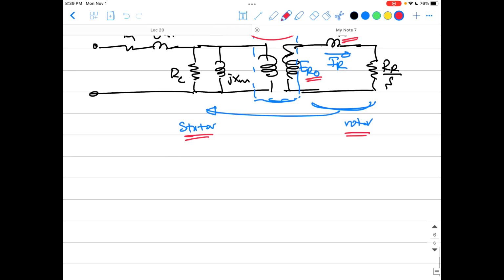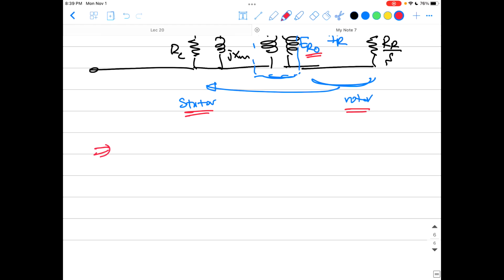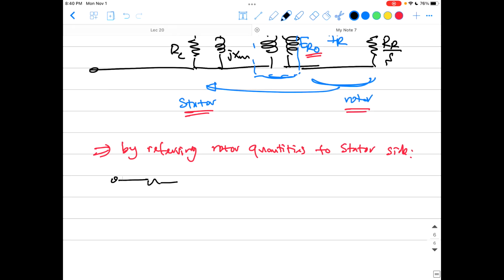Okay? And that is what will happen now by referring rotor quantities to stator side, you will get rid of this transformer and your equivalent circuit will look like that.